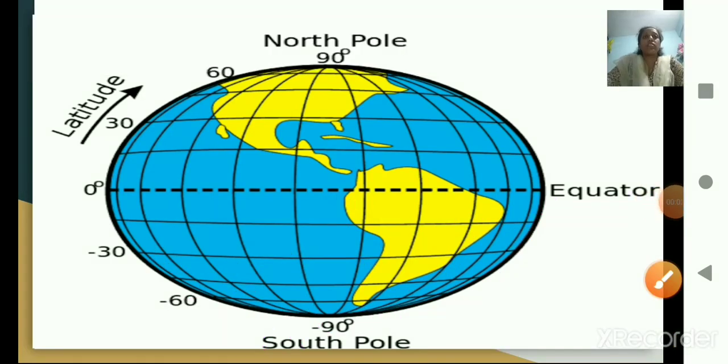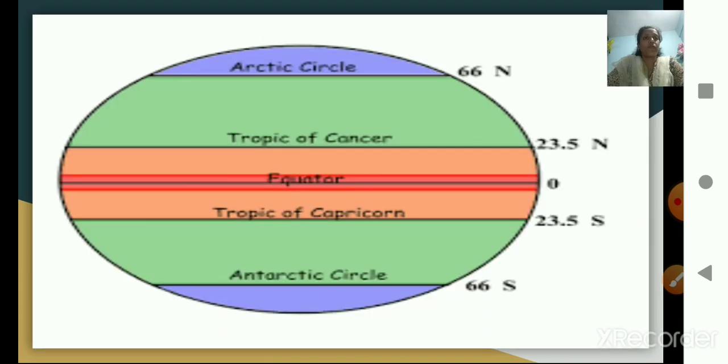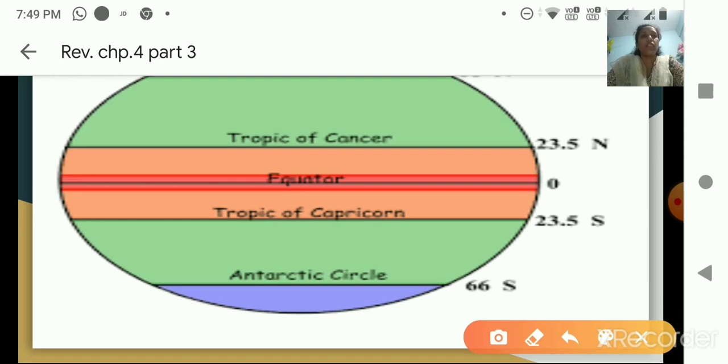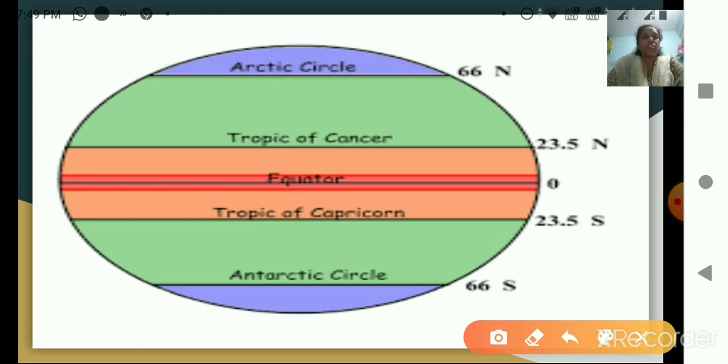Now let's see 5 major parallels of latitude. So here is the image. 5 major parallels of latitude from north to south. Let us see one by one. This is Arctic Circle.